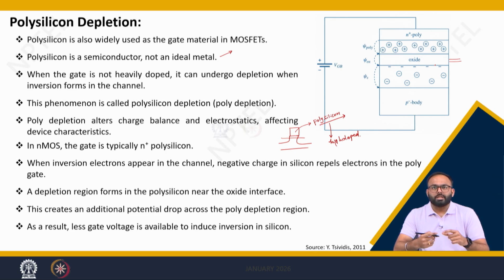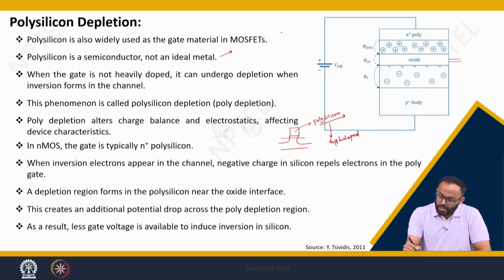So all the electrostatics we have discussed so far, like depletion, inversion, accumulation, will happen inside the poly gate also. In general, for NMOS the preferred poly gate is N type, and for PMOS the preferred poly gate is P type.